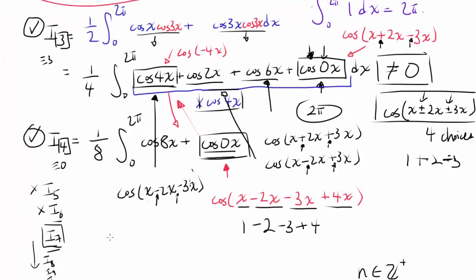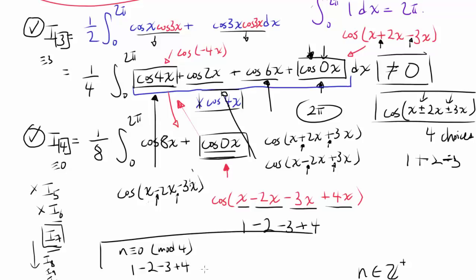So let's say we have n being congruent to 0 mod 4. Then we can set the equation as 1 minus 2 minus 3 plus 4. And we can repeat this many times because n is a multiple of 4.